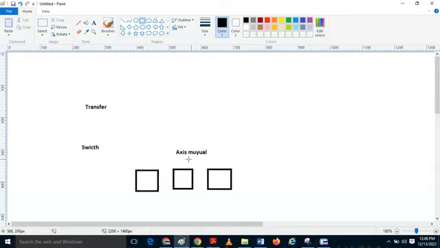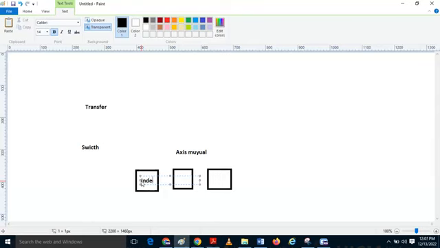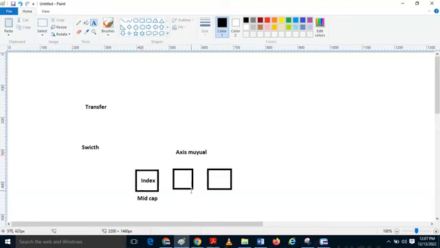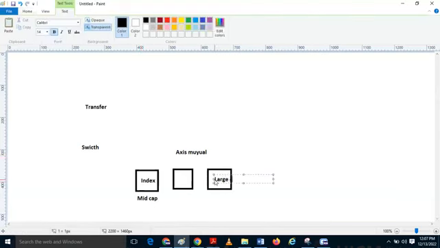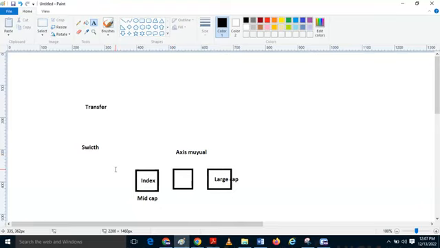If we want to switch within the same family, it is called a switch. Suppose I am in the index fund, and there is a mid cap fund in which they invest in mid cap companies. Now I want to move to a large cap fund, which invests in large cap companies. If I want to change from index to large cap, it is called a switch.